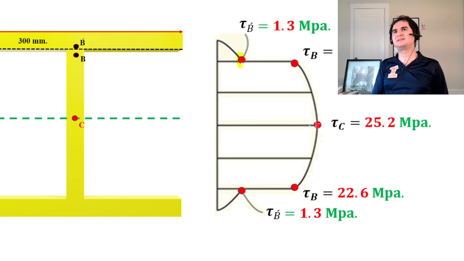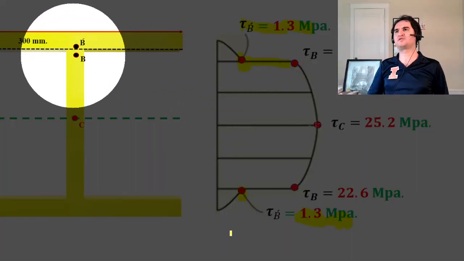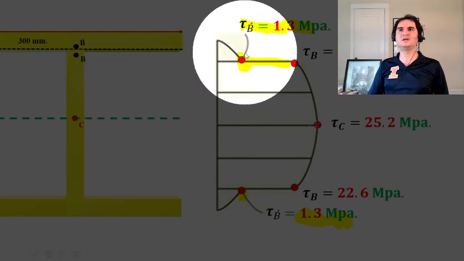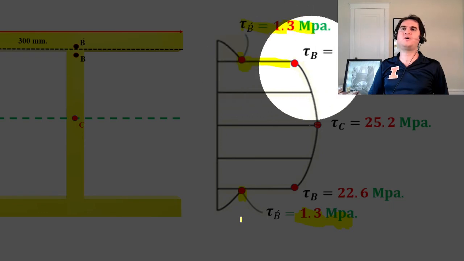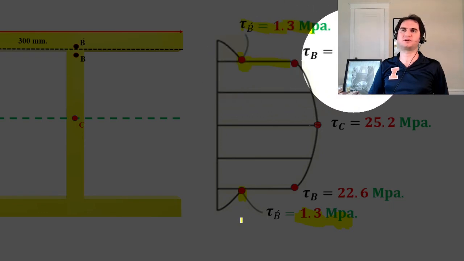It just says the minimum is at the start and end of the two flanges, and that goes by a numeric value of 1.3 megapascal in our example, which we already calculated, and it drastically increases as you enter from the top flange to the web. So if you move from B prime to B, the shear stress goes from 1.3 all the way to 22.6 megapascal.